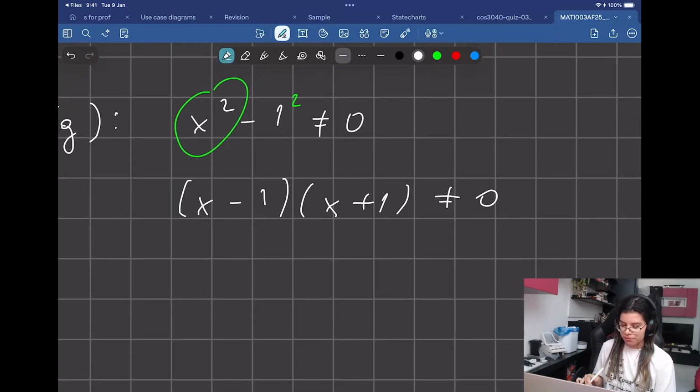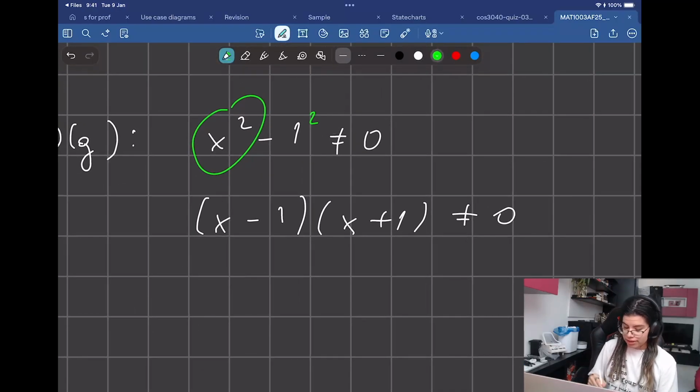Okay, good stuff. Therefore, you just need to find the roots, right? So from here, if x is 1, then that's a problem because the expression will be 0. Therefore, we need x to be different from 1, right? Now, let me just explain again. If x was 1, this would give us 0. 0 times whatever is 0. But we wanted the expression to be different from 0.